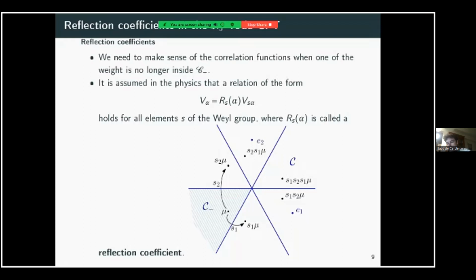In Liouville, you may remember that you have this relation in the physics: V_alpha equals R(alpha) V_{2Q minus alpha}. This is the exact same thing in the setting of Toda CFT.